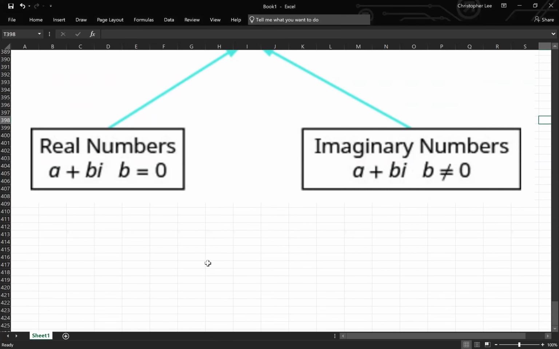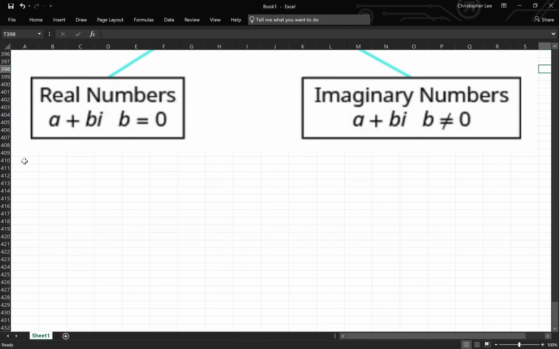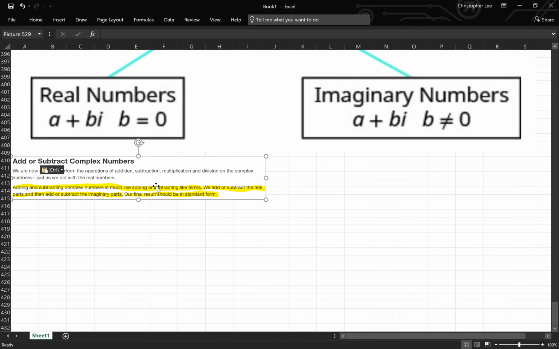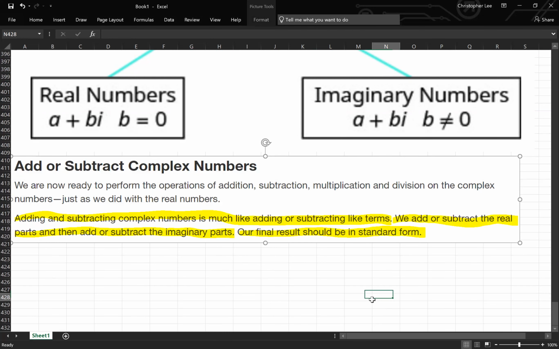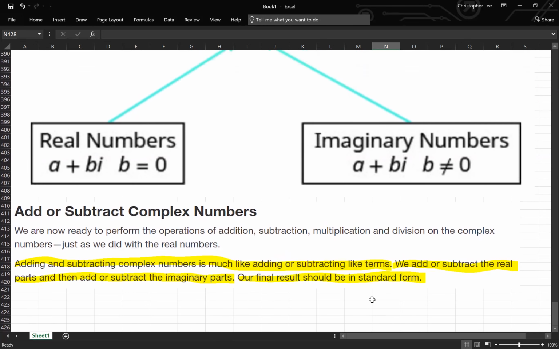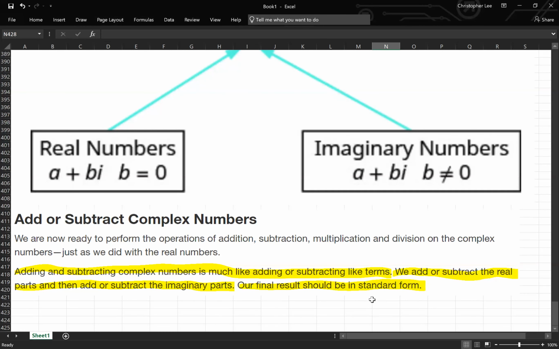All right, let's talk about operations real quick before we get into an example. So I want to add or subtract complex numbers. We are now ready to perform operations of addition, subtraction, multiplication, and division on the complex numbers, just as we did with the real numbers. Adding and subtracting complex numbers is much like adding and subtracting like terms.